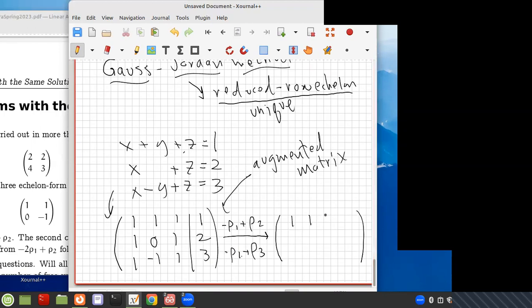So I don't change row 1 up here, but I do minus 1 plus 1 is 0. Minus 1 plus 0 is minus 1. Minus 1 plus 1 is 0. And minus 1 plus 2 is 1. That's the first operation. The second one is minus 1 plus 1 is 0.